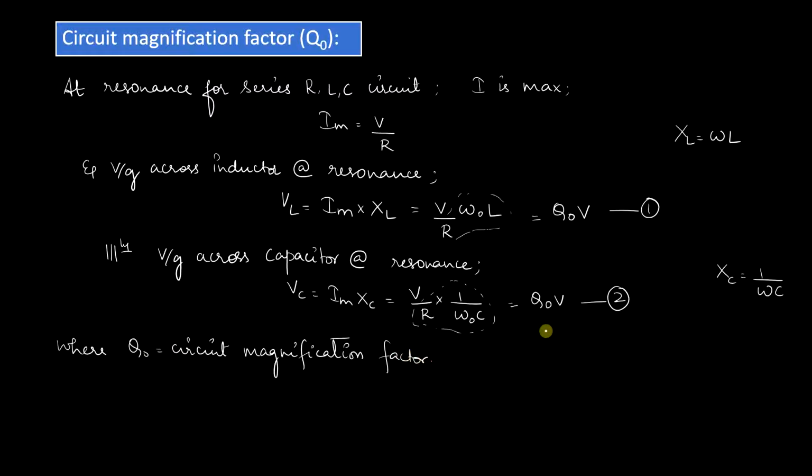Now coming to the inference from equation 1 and equation 2, you can see that at resonance the voltage across the inductor and capacitor is equal to Q naught times the applied voltage.